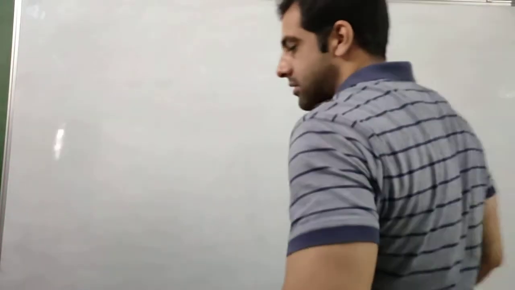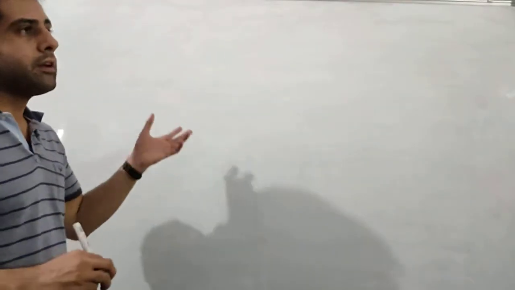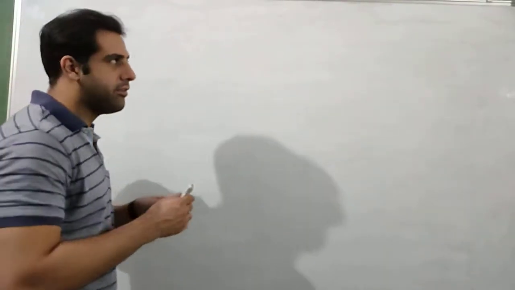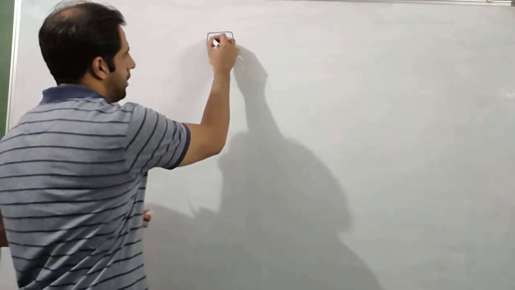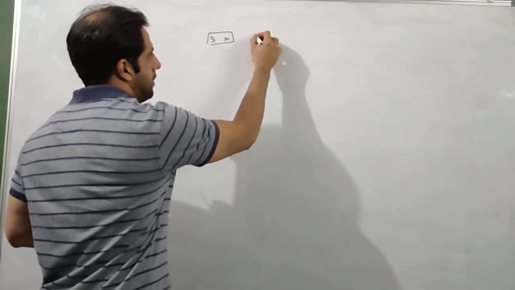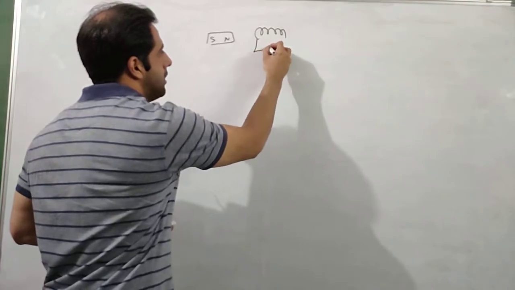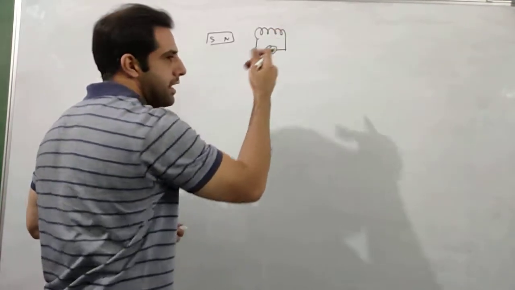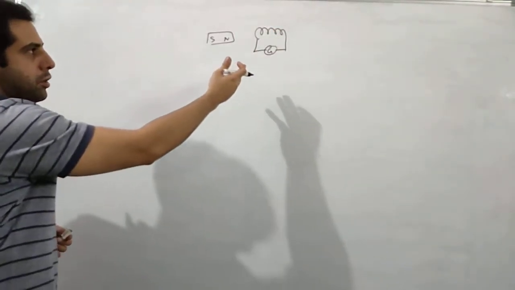Now in the last video we studied the experiments of Faraday, experiments of electromagnetic induction, and we studied two laws that Faraday gave for electromagnetic induction. The first law was that whenever the magnetic field lines associated with a conductor change, a current, or we can say an EMF, will be induced in the conductor.